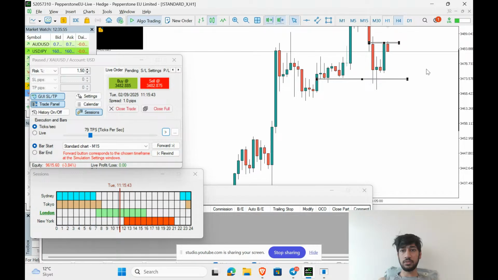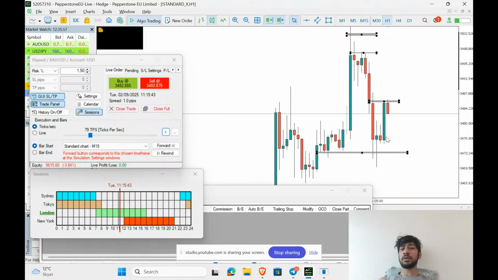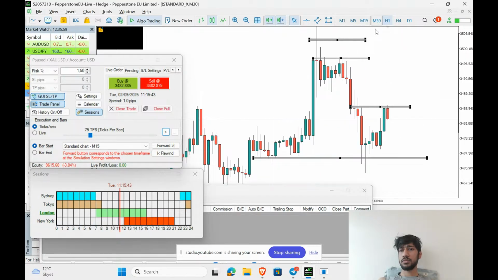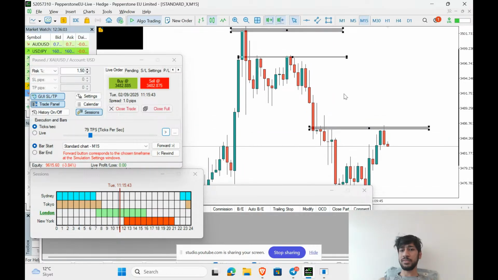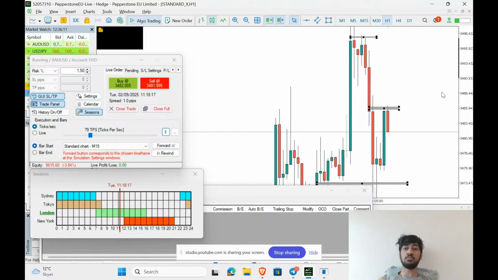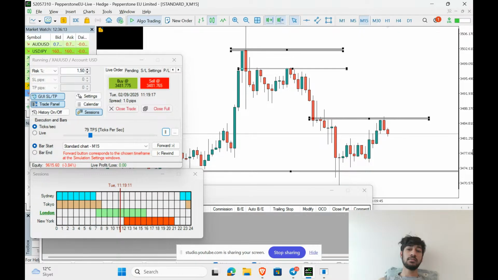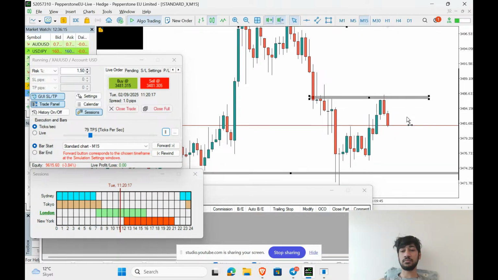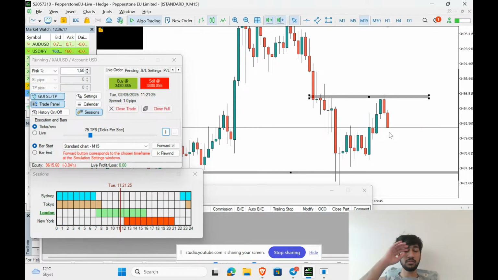H4, H1, but H1 we formed support. M30, we are moving up. M15, found resistance now. All the time frames are saying we are moving up, so why would I take sells? Even if it moves down, why would I take sells?